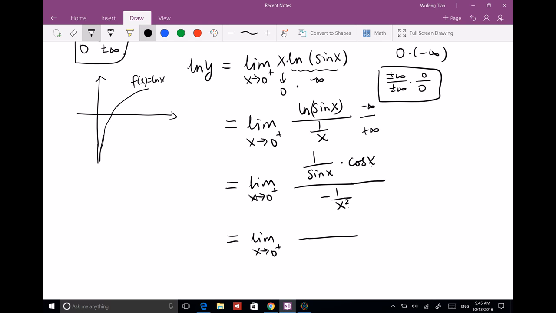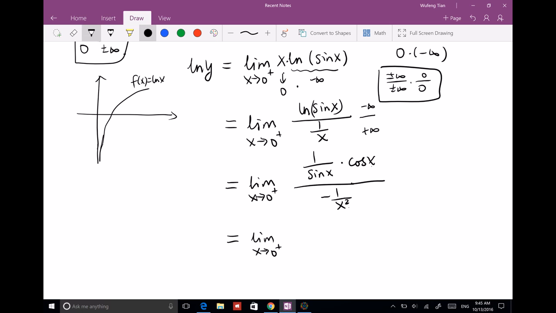So it is tangent x, wait, not tangent x, it's cotangent x. Basically this is not tangent x, it is cotangent x. And then this is negative 1 over x squared, so we can change that a little bit. Cotangent x, like that.